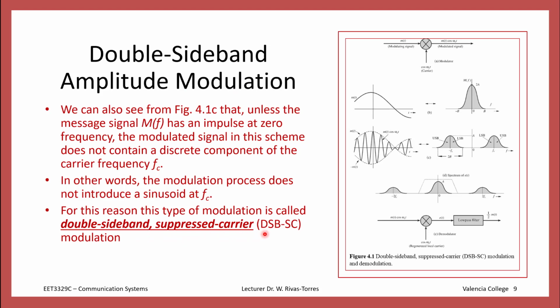The carrier information is not sent. It feels kind of strange, but that's what's happening. The carrier is not included unless you have some really strong value at DC, which this figure kind of shows. But in real terms, that is not a requirement for a signal to be baseband.